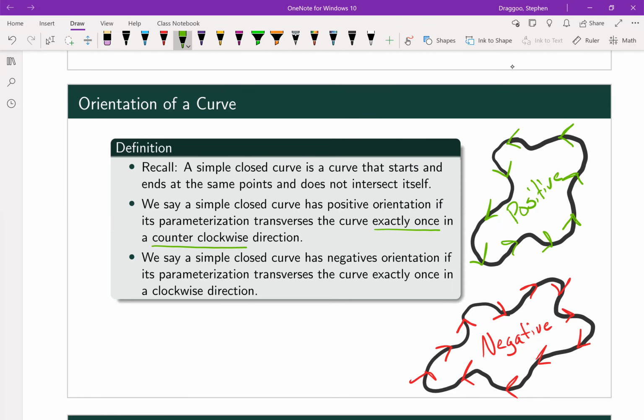Just like the unit circle, where we measure positive angles to go in the counterclockwise direction, meaning that going backwards with a clockwise direction would end up being negative. So a simple closed curve has a negative orientation if its parameterization traverses the curve exactly once, again, exactly once being important, in the clockwise direction.